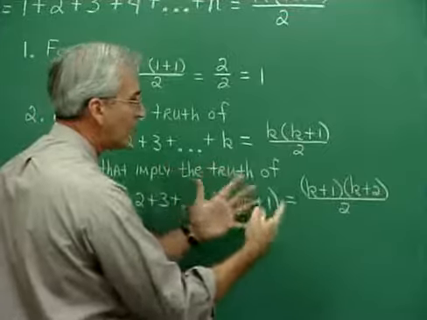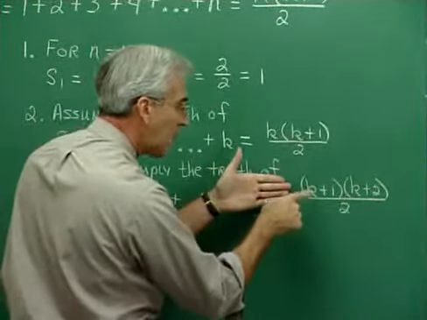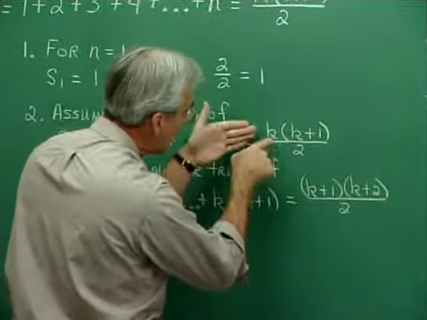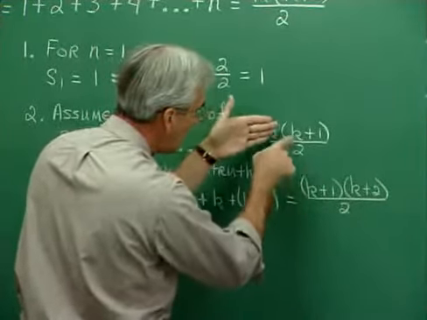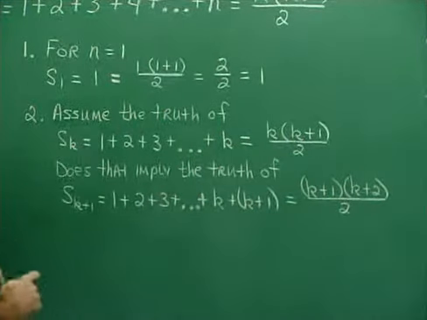Now, here's where we have to think about how to write this and where this comes from. This is the k plus 1th expression, and we just replace this k with k plus 1, replace that with k plus 1, and we get this. Okay, so that's the idea.